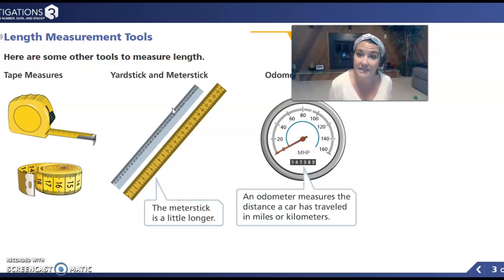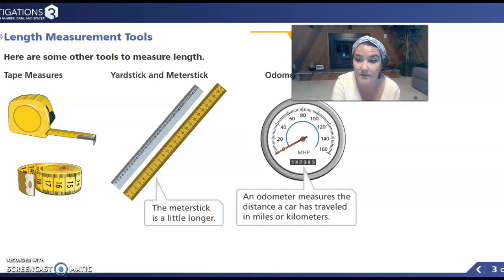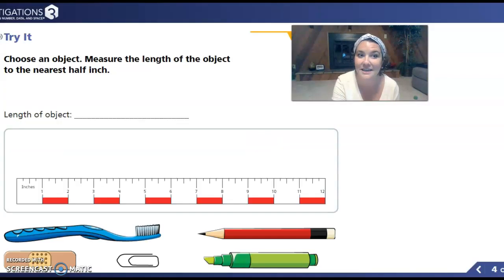A meter stick is part of the metric system, or is a tool that measures 1 meter, which is equal to 100 centimeters. Okay? All right, so we are going to be using these tools to help us measure during different activities that we're going to do today, and I'm so excited about it.